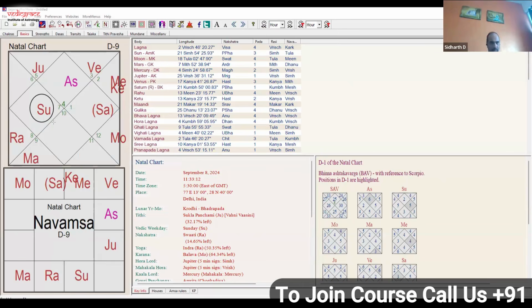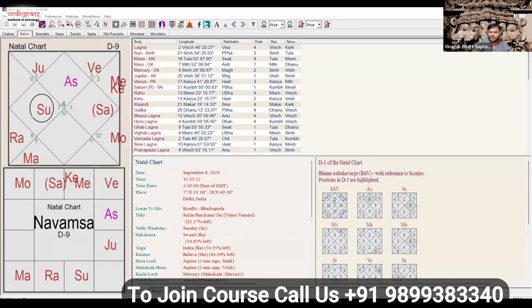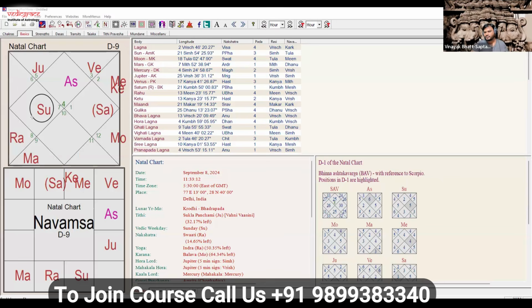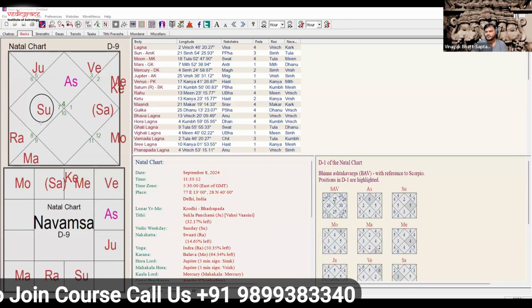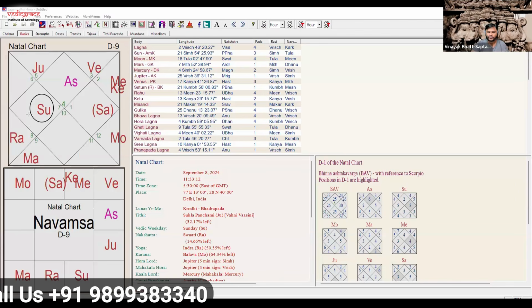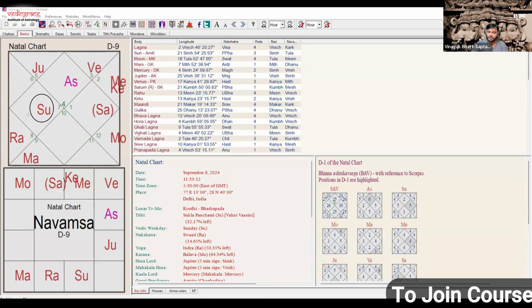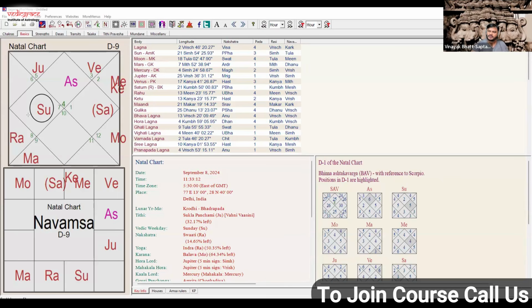Correct? Yeah. Otherwise, immediately people say the Sun is in Libra sign in the 4th house in D9. That is the biggest blunder. So my point is, you call it only Sun in Libra. That's it. Don't include the 4th house. You need to add the house in the Rashi chart only.